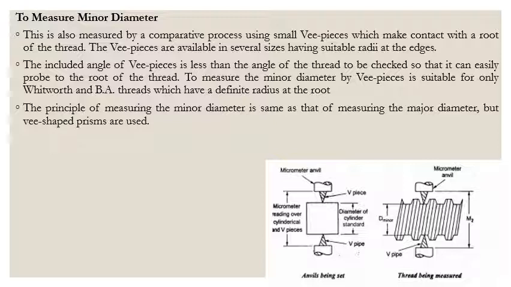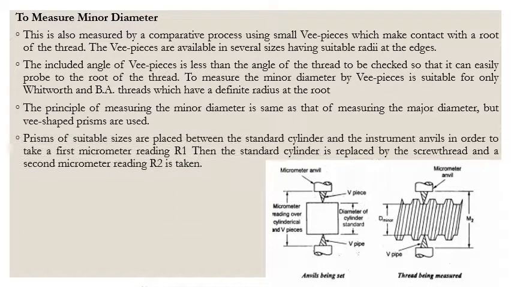The principle of measuring the minor diameter is the same as that of measuring the major diameter, but V-shaped prisms are used. Initially, the standard cylinder is mounted between the two centers.